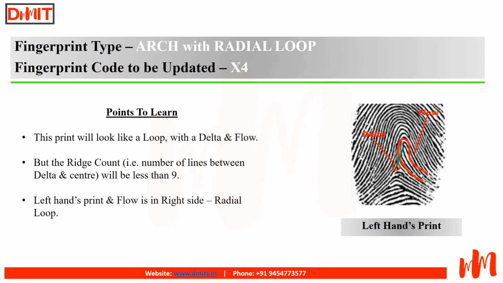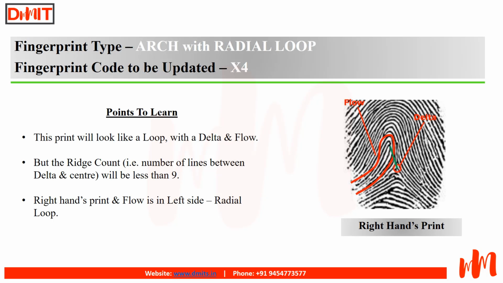And again the same thing: if it is a left hand print or left hand scan and the flow is on the right side, then it will be termed as arc with radial loop. And obviously vice versa, if it is a right hand print and the flow is on the left side, again it will be an arc with radial loop, if it satisfies the condition that the ridge count is less than 9. The fingerprint code to be updated here is X4.